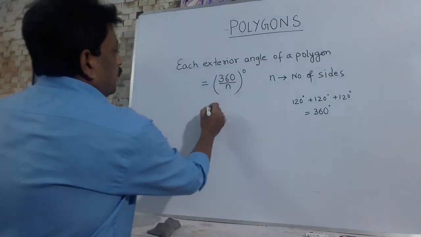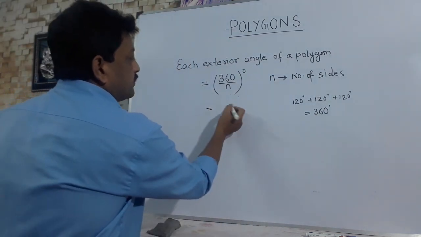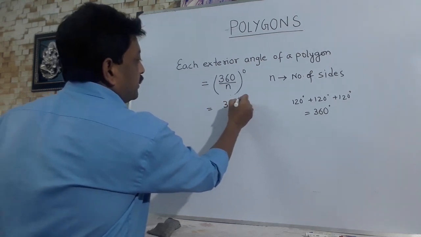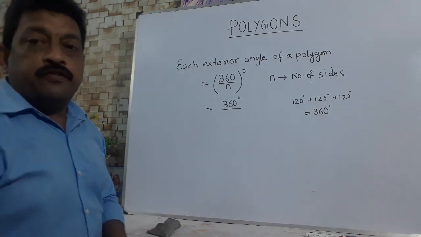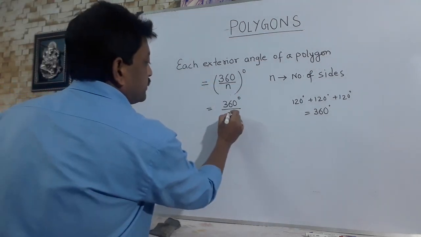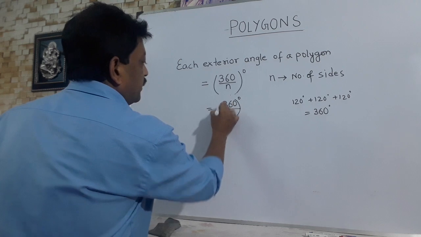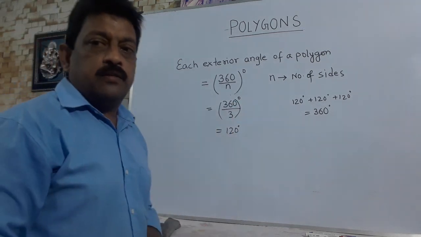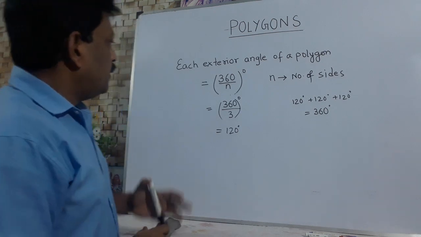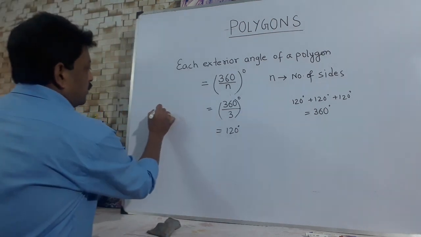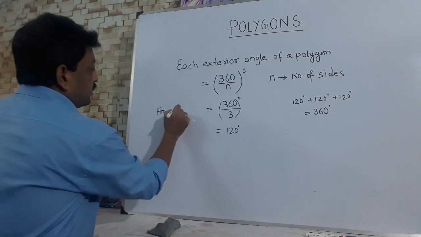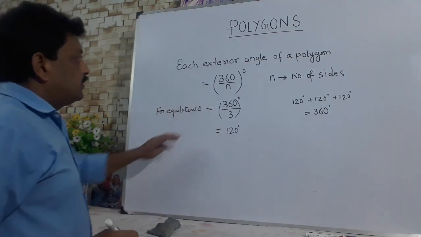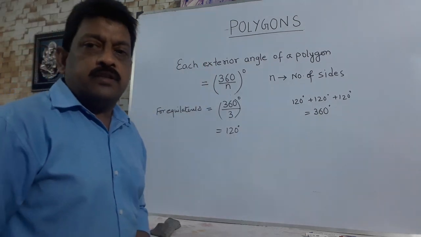So since an equilateral triangle has three sides, if we want to find the measure of each exterior angle, then 360 degrees by 3 gives 120 degrees, and that is what we have obtained from the diagram. So this is the measure of each exterior angle for an equilateral triangle.